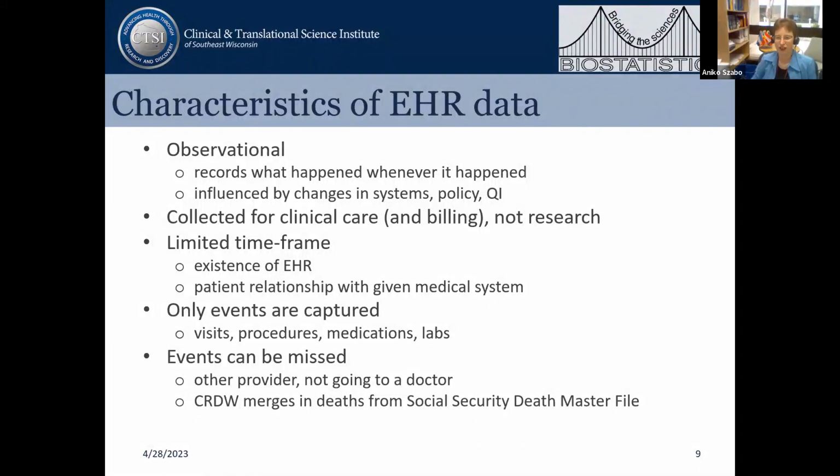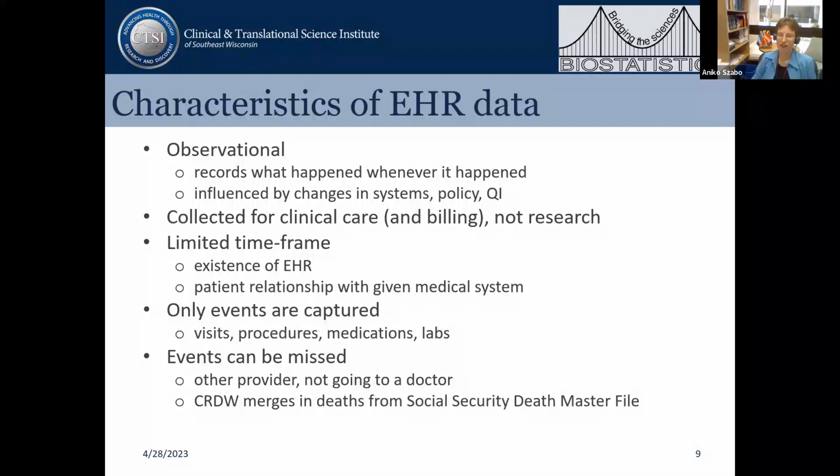Whenever there is a change in the system, or a change in policies of the institution, that now we should start doing something or recording something a different way, or quality improvement projects make sure that things get recorded, suddenly you have more information that you didn't have before. And this is all happening over time, right?